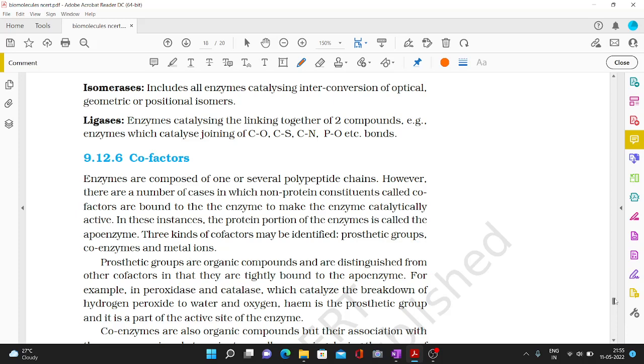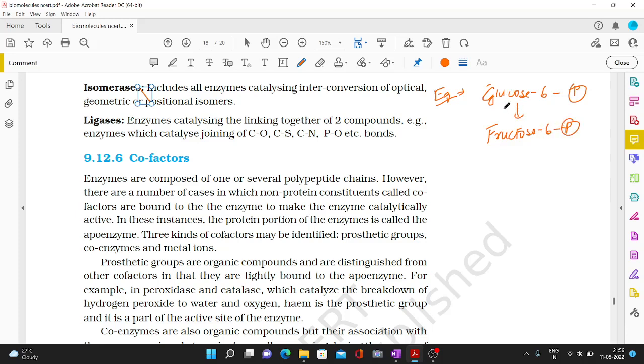Then comes isomerases. Isomerases convert a molecule to its isomer. For example, glucose 6 phosphate gets converted to fructose 6 phosphate.